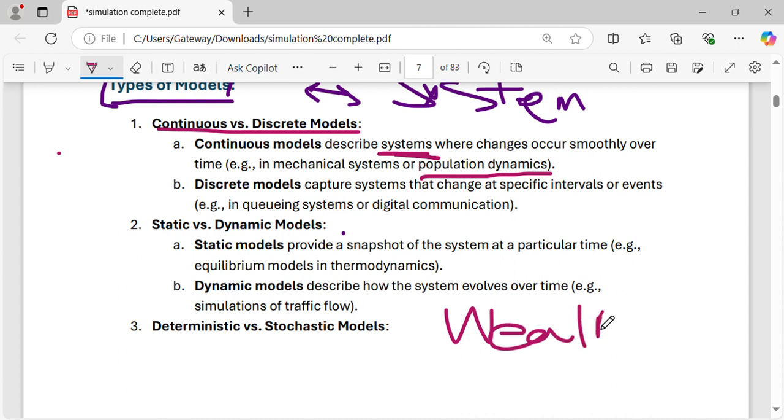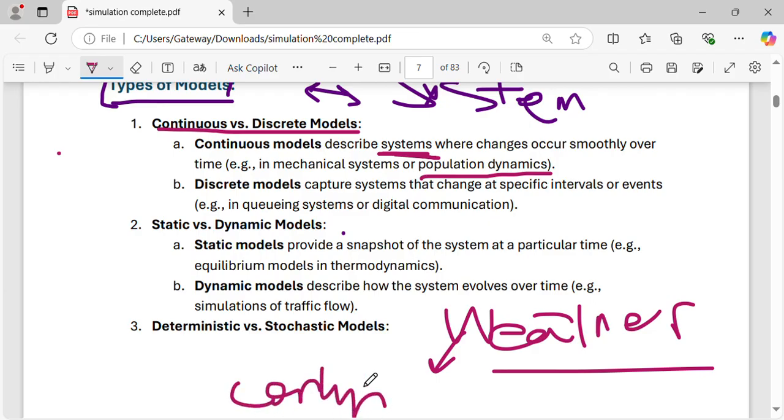If I make a model for a weather system, then it would be a continuous model. They also give examples like mechanical systems related to mechanical engineering, or population dynamics, where the population is continuously changing, increasing or decreasing, whatever, right?